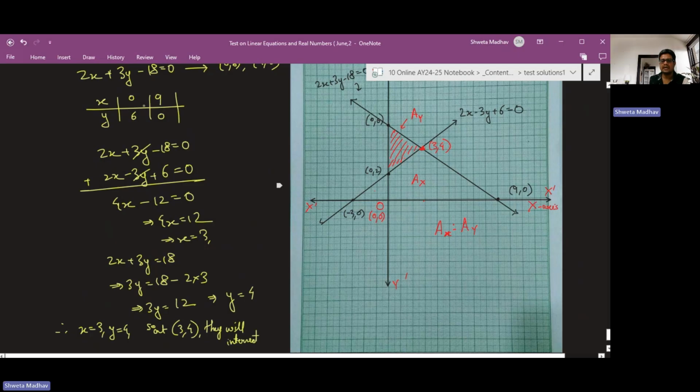So it means the area that it will form with the x-axis, that is this one, will be half into base into height. Base length will be from here to here.